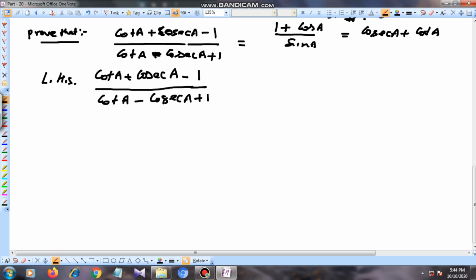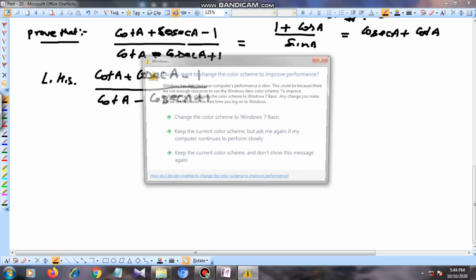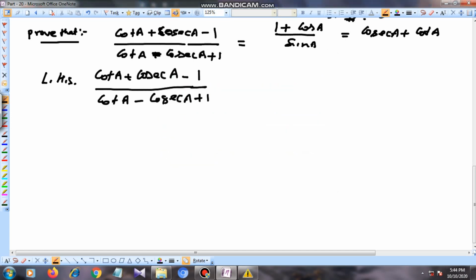In this identity we have to prove cosec A plus cot A, or (1 + cos A) upon sin A. So here cosec A plus cot A should be taken as a common factor. This 1 can be eliminated by the third identity, cosec square A minus cot square A equal to 1.